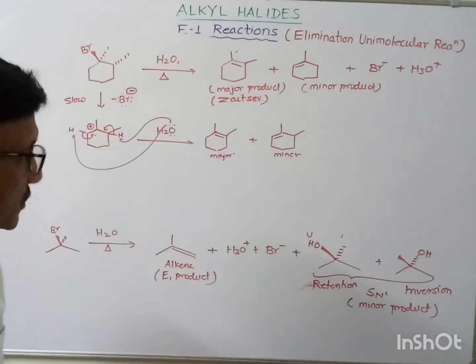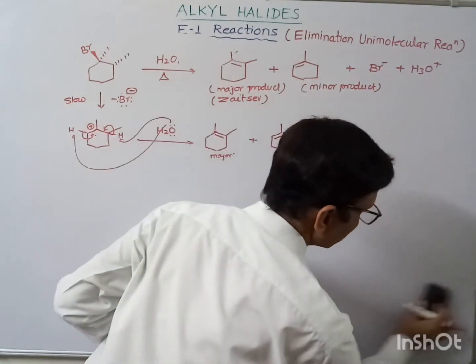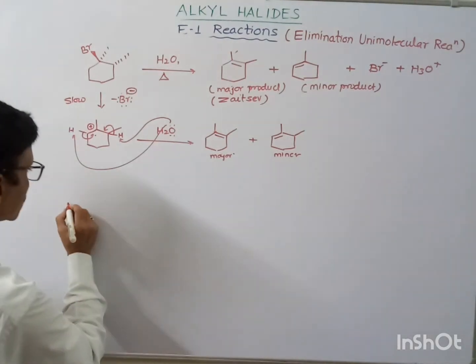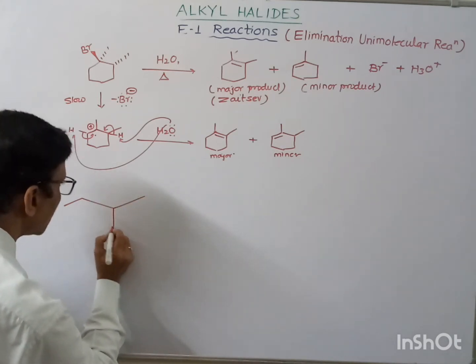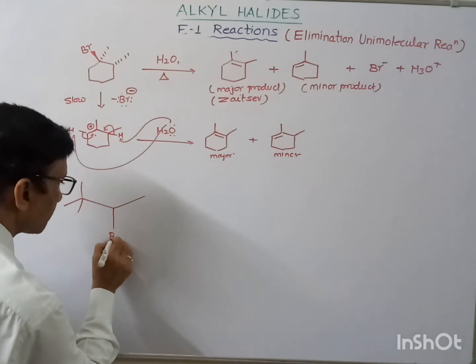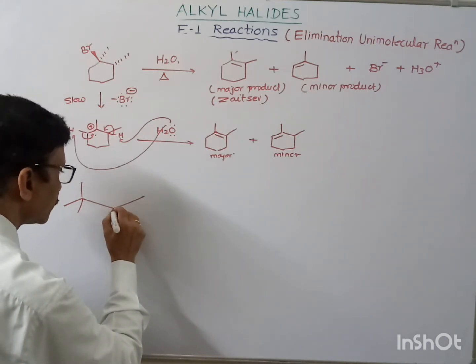Now let's take another example where I will show the rearrangement to get the more stable carbocation. Suppose I have this one.